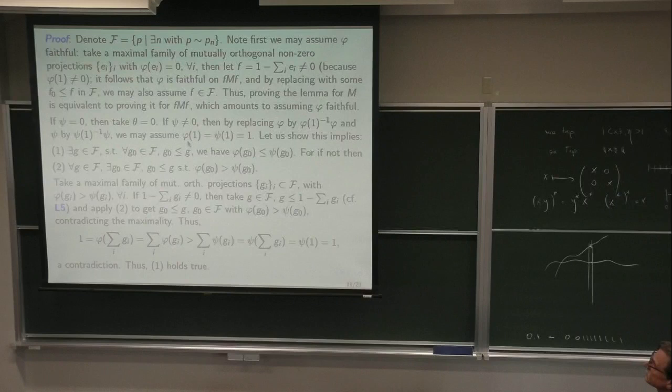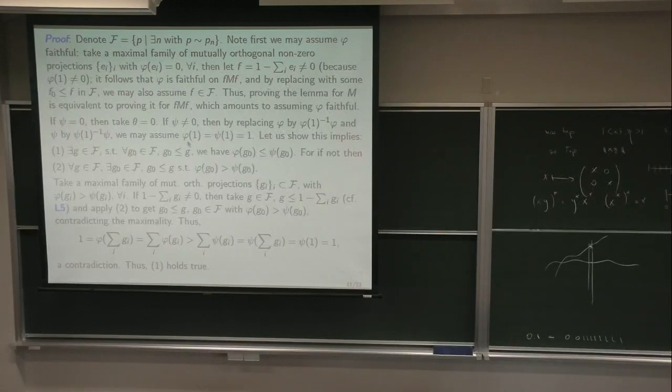Now if psi is 0, this is the one that we squeeze, you just take theta 0. If this is 0, there is nothing to prove. So we can assume it's non-zero, and now I renormalize them so that phi of 1 is 1 and psi of 1 is 1, because of theta, it doesn't matter.